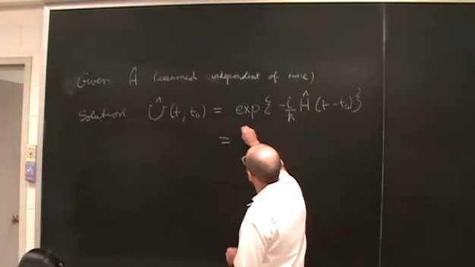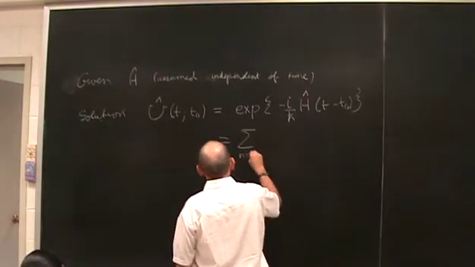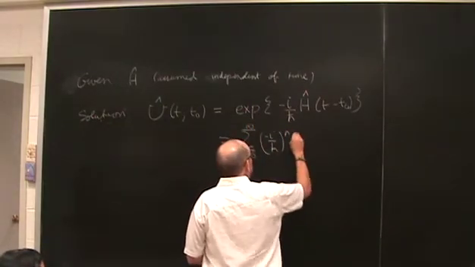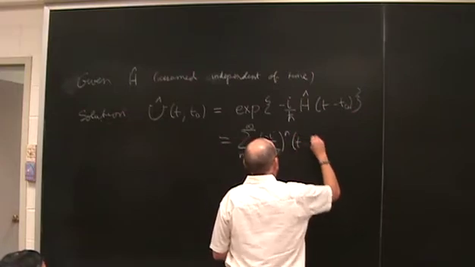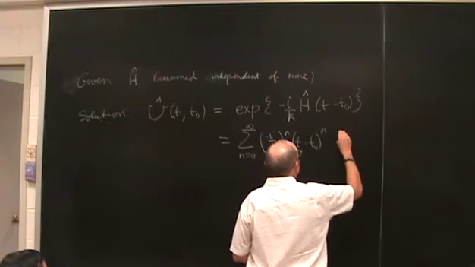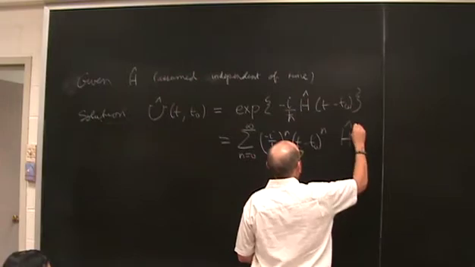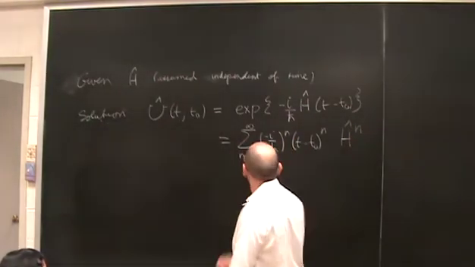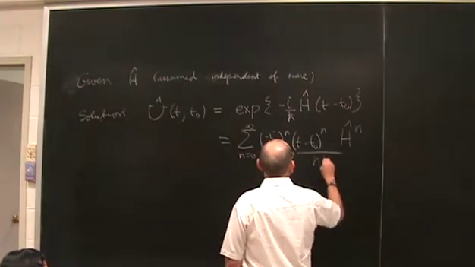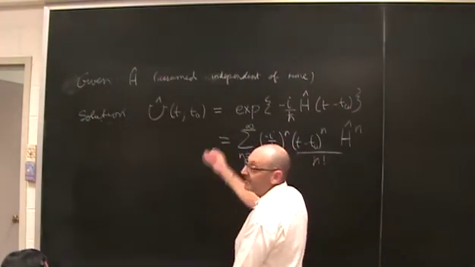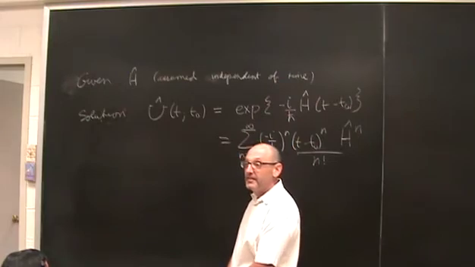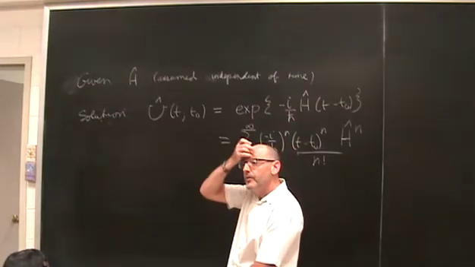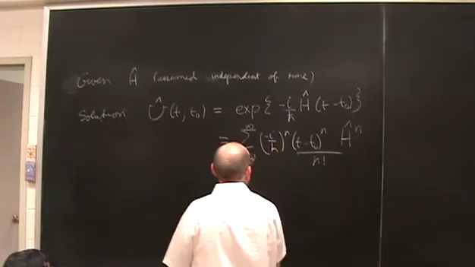We can look at this as a power series, over n factorial. And then just take the derivative of this. And when you take that derivative, it works. Yeah, Stephen, you had a question? You answered my question. Yeah, okay.